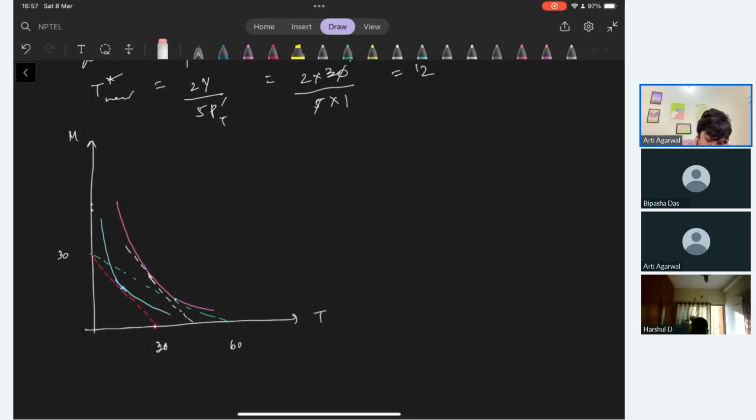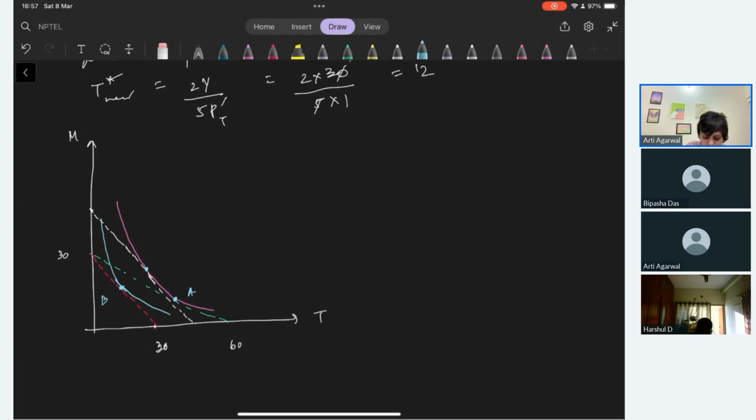It's a bit difficult to draw, especially on an iPad. But you get the idea, I guess. So there is another point here. It's not exact. My diagram is obviously just representative. So this is the initial. Let me name the points. This is, say, point A, and this is B. Now when your prices change, you are moving from point A to point B.